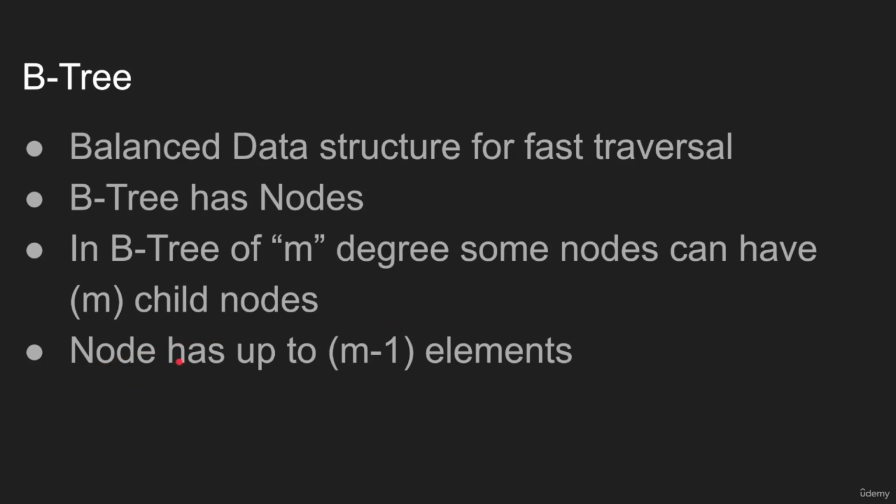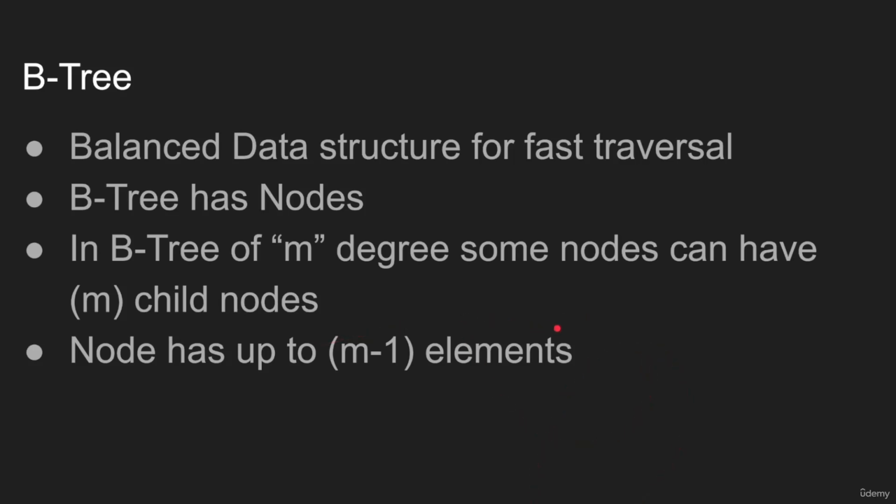And a node has up to m-1 elements. So if your node has m children, then it has what we call m-1 elements, right? So if it has 5 children, it must have 4. If it has 3 children, it must have 2 elements.